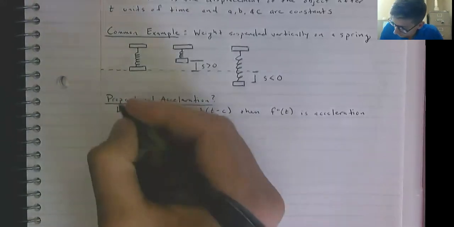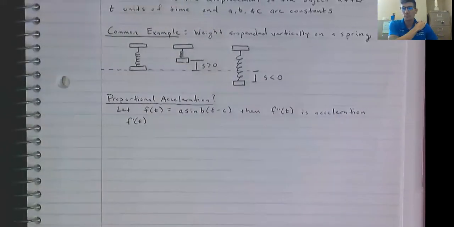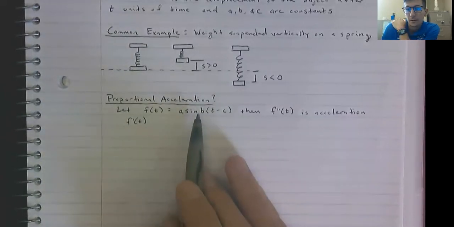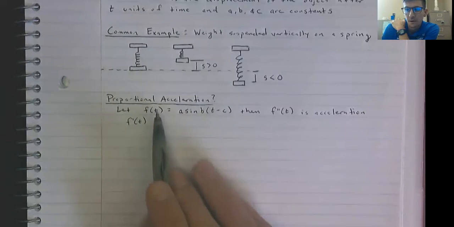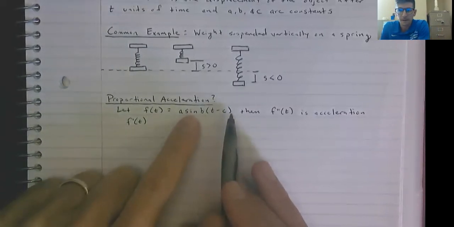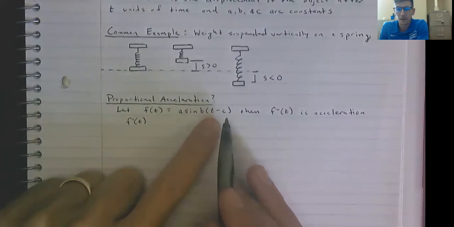First with f prime, the first derivative, f prime of t, and this is where the chain rule of trig functions will come in. We're going to take the derivative of this guy. This will be a chain rule because the argument inside of sine has a t. This is a function of t, so we're going to have to take the outer derivative of sine and then the inner derivative of b times t minus c, which is just a linear function, so it won't be too bad, but we have to do it nonetheless.